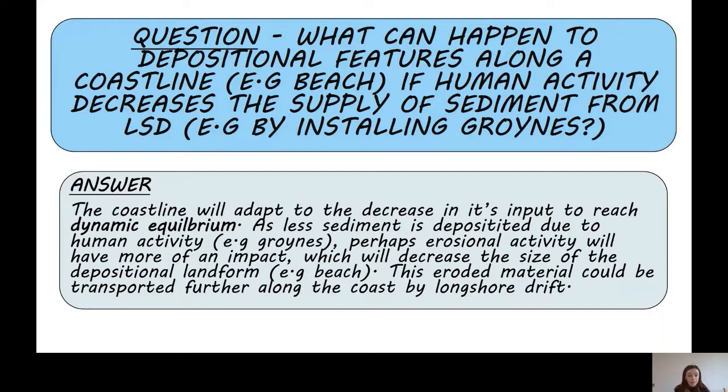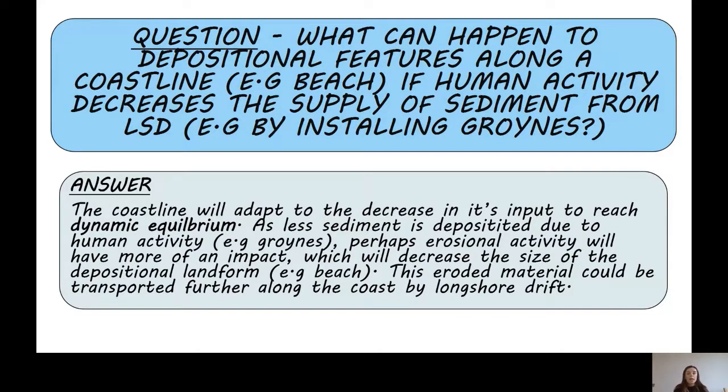As less sediment is deposited due to human activity, for example, groins, perhaps erosional activity will have more of an impact, which will decrease the size of the depositional landform, for example, beach. This eroded material could be transported further along the coast by longshore drift.